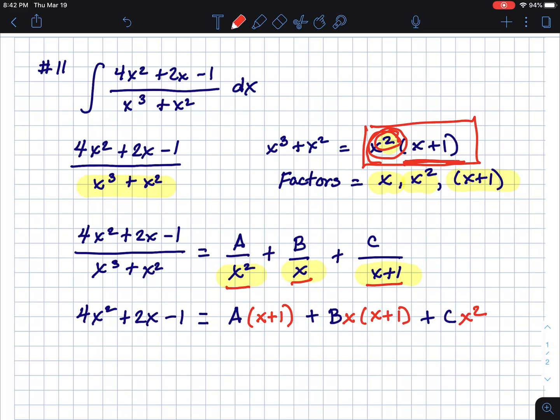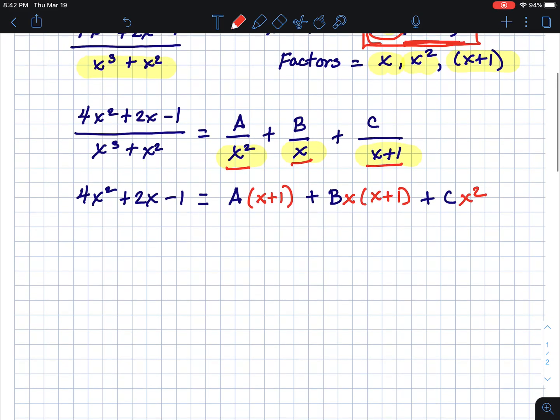Now we've got to go on and start finding out what our A, B, and C are.